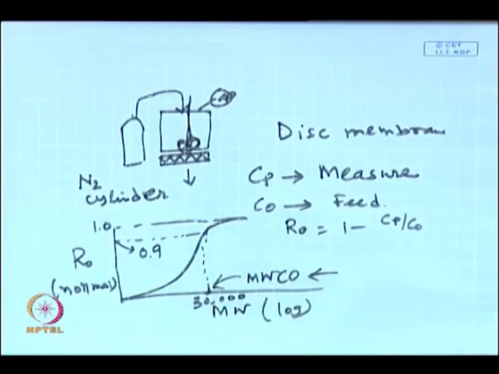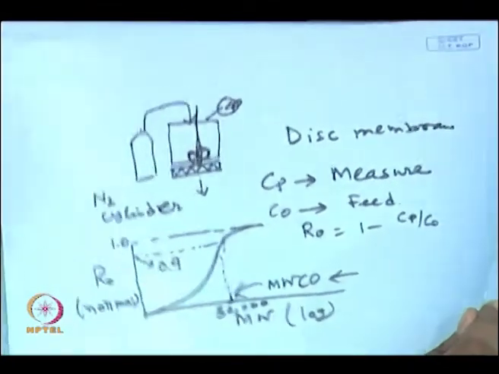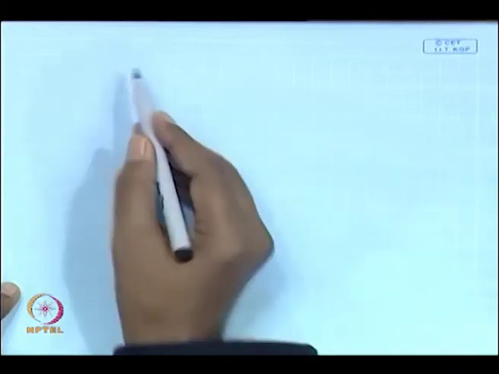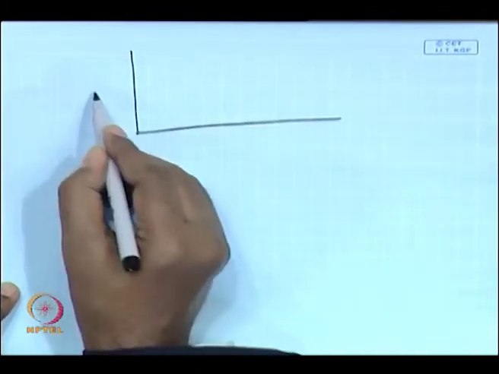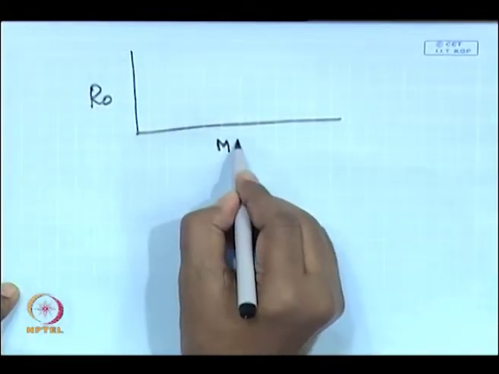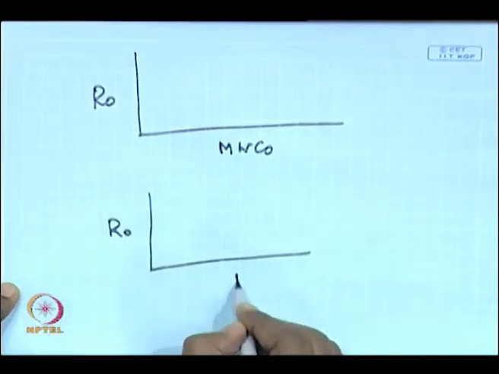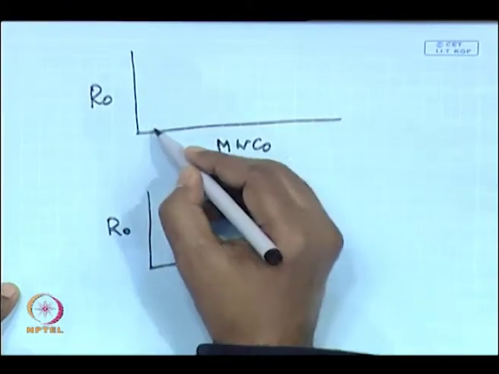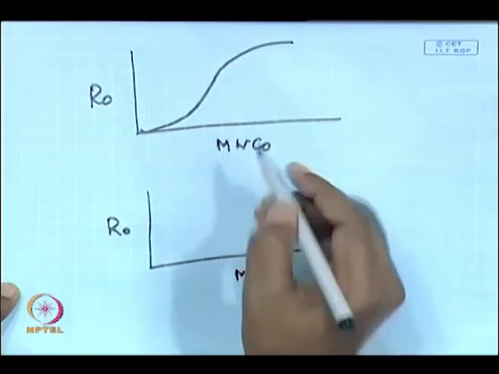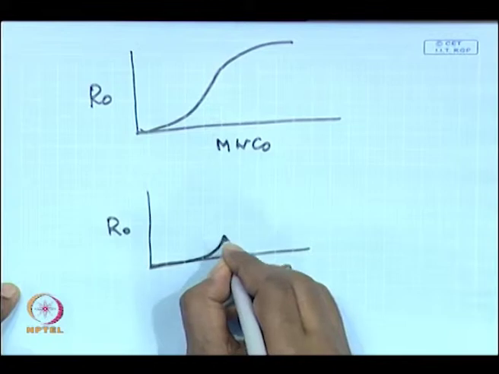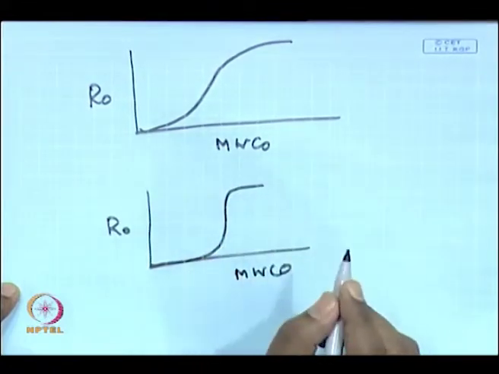Okay. Now, these molecular weight cutoff curves can be of two types. Okay.